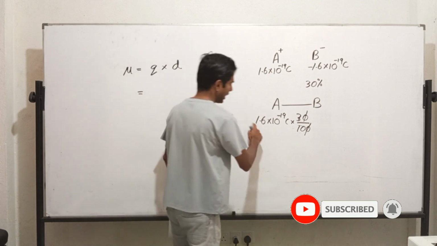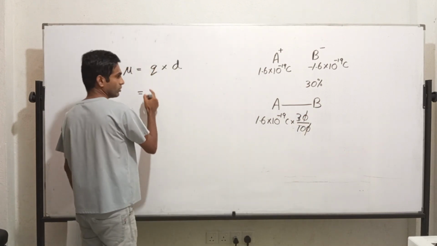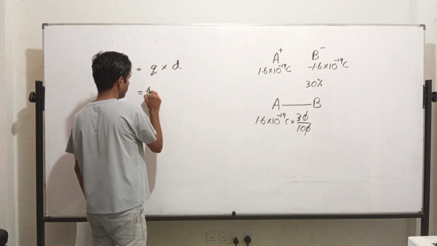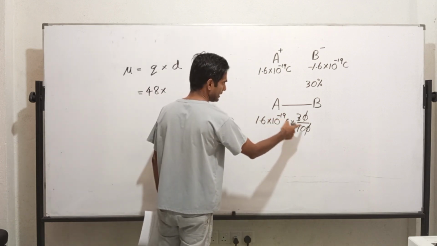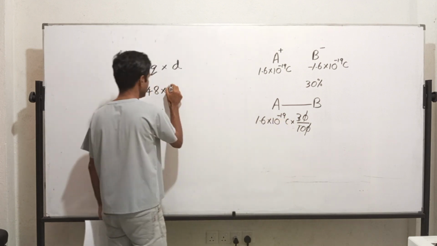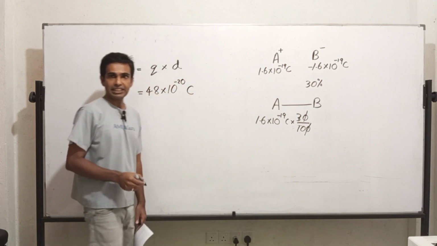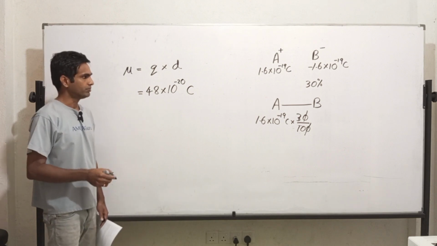Now we know the charge on one pole. 1.6 times 3, 4.8 times 10 to the power minus 19 divided by 10. That means 10 to the power minus 20 coulombs. That is the magnitude of the charge on one pole.